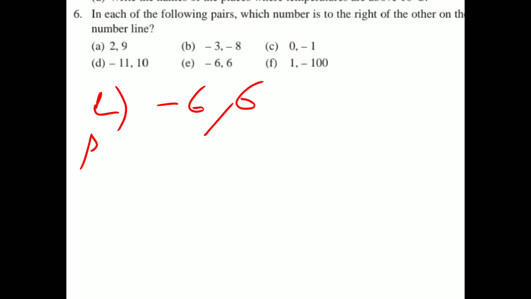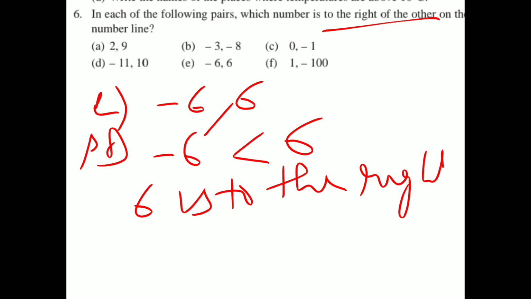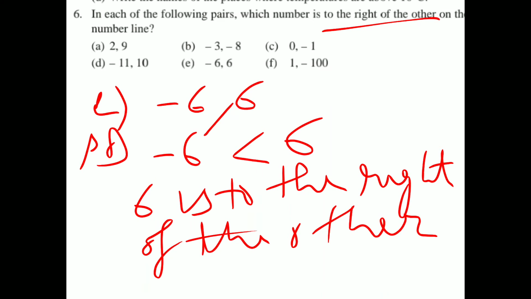In E part, minus 6 and 6, which is greater? 6. So 6 is to be right. Means the same line you will write from the question: 6 to be right of the other on the number line.